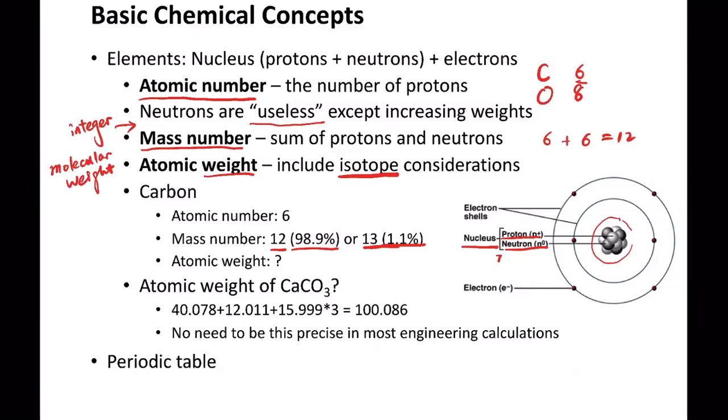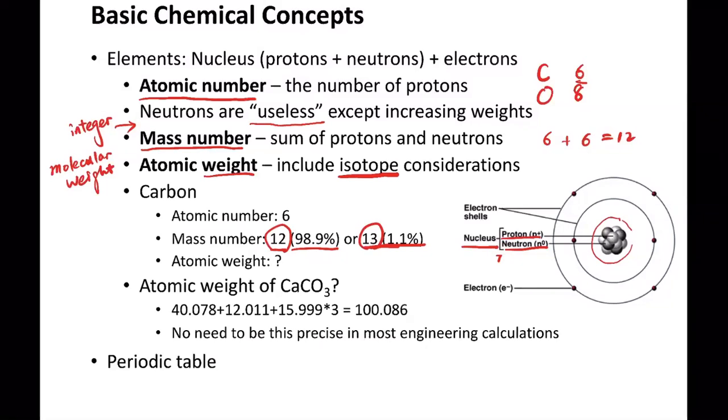So as I said, when we calculate the atomic weight or the molecular weight, we have to consider all the forms of isotopes, right? So we know that most of them is composed of the carbon that has exactly 12 of the mass number, but there's also a small fraction that has a mass number of 13.